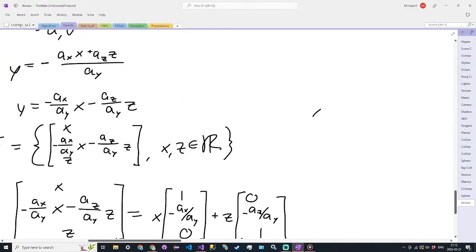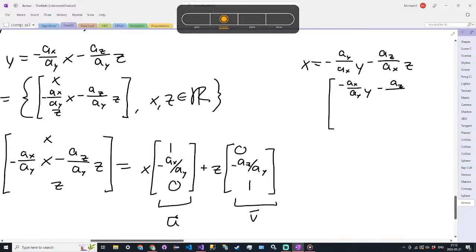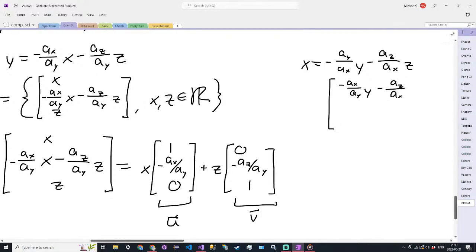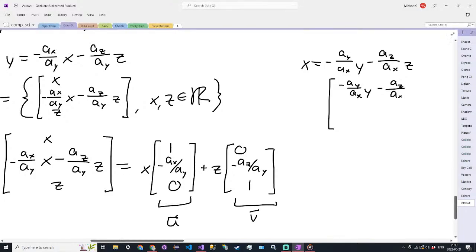So let's say x is equal to minus AY over AX, minus AZ over AX. So this gives our points. So we have minus AY over AX. And then for Z, oops, sorry, I miswrote those. And then Y and Z.